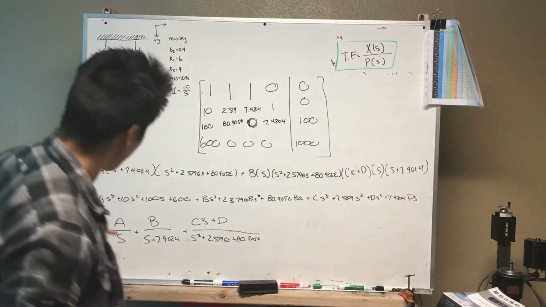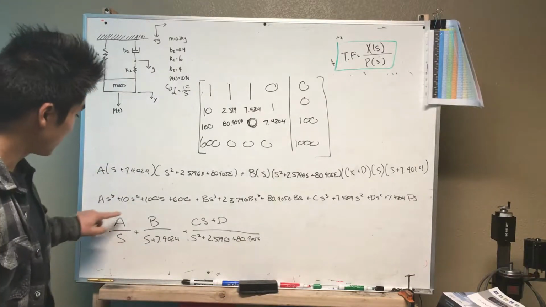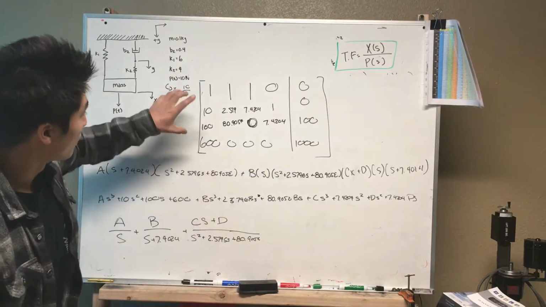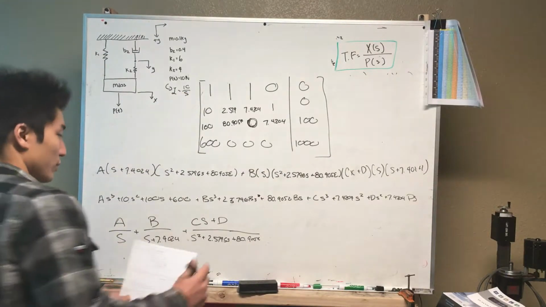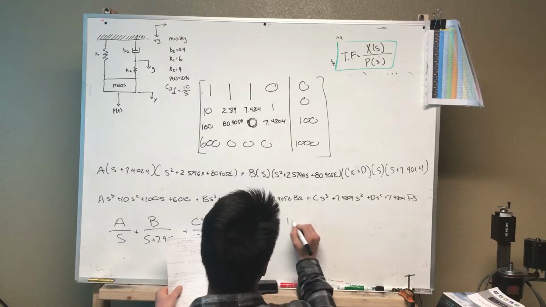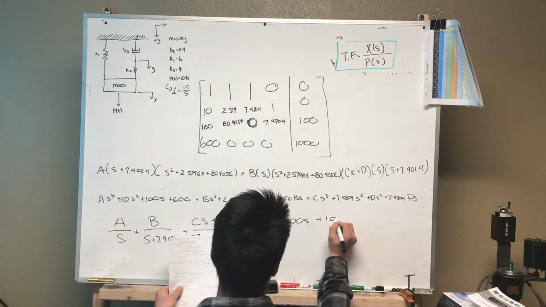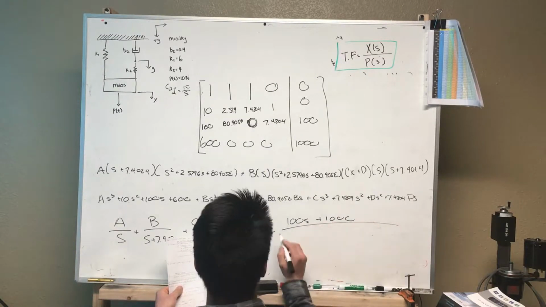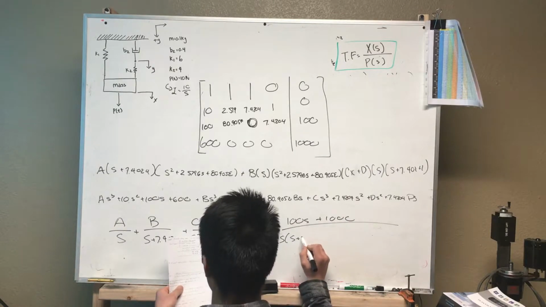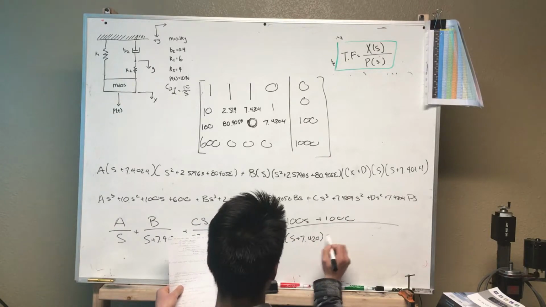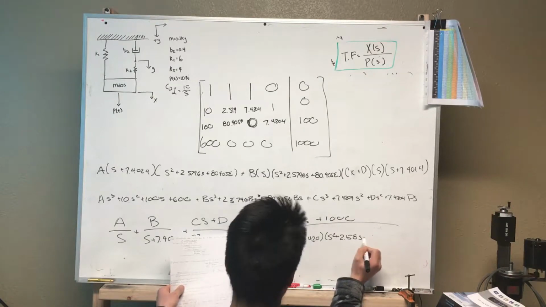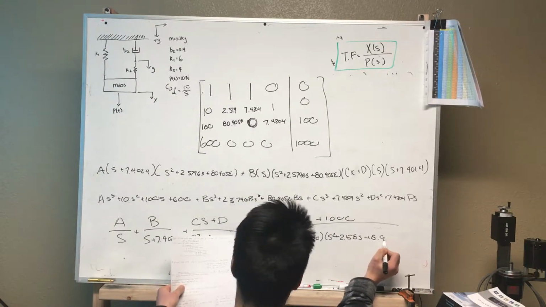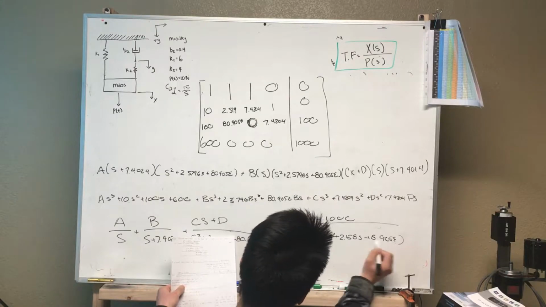And we're trying to find out from these 4 variables what they are to make this equal to 100s plus 1000 over that big equation that I'm going to kind of simplify, or kind of round off, should I say.